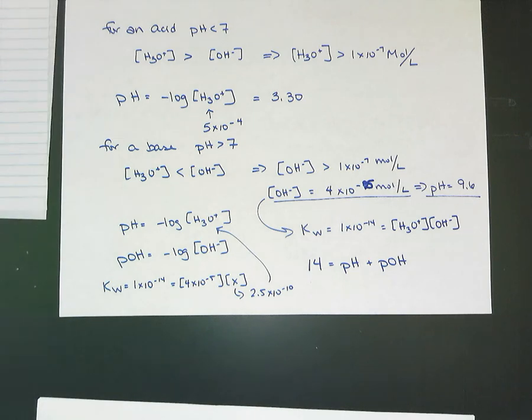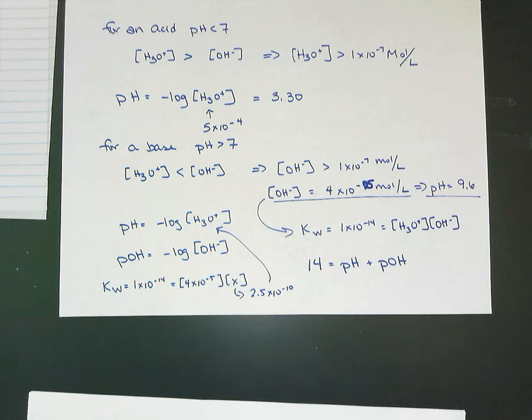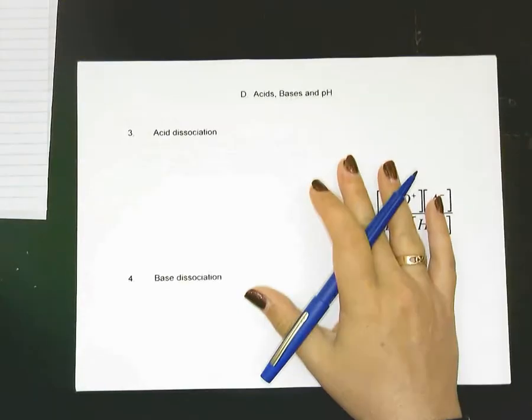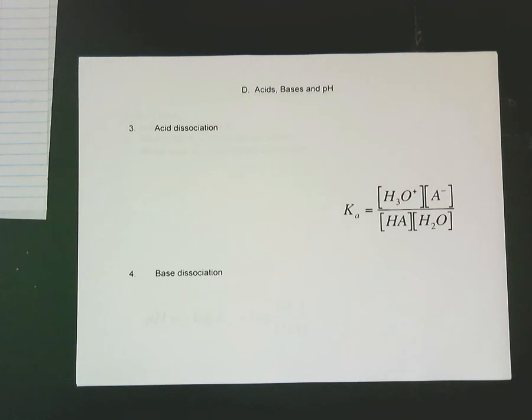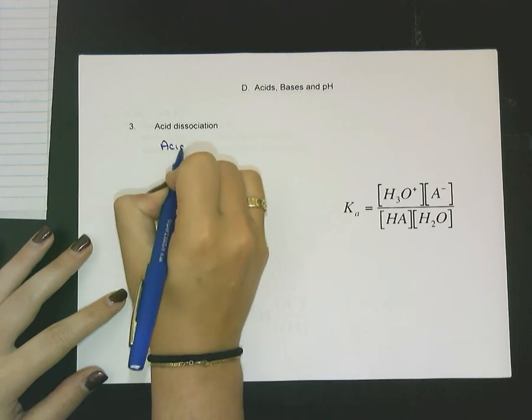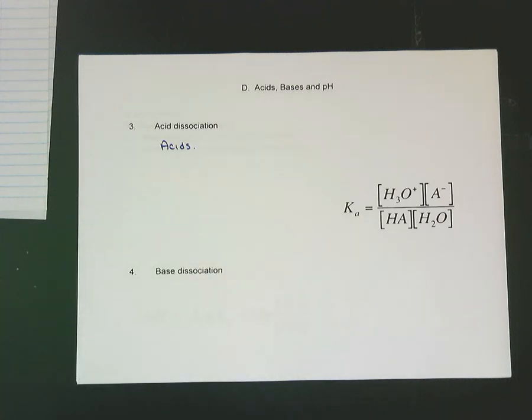And then let's talk some more specifically about acids and bases and Kas and pKas. Everybody remember those from organic or Gen Chem? I know you do a lot of stuff with pKa in there. Okay, acid bases and pH. What was the final answer, the 9.6, that was the pH? Yeah.